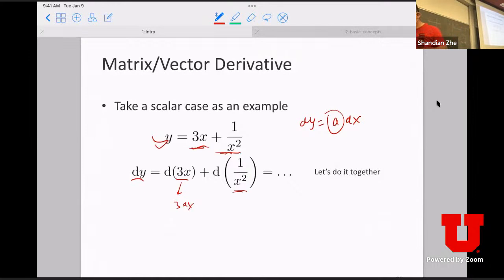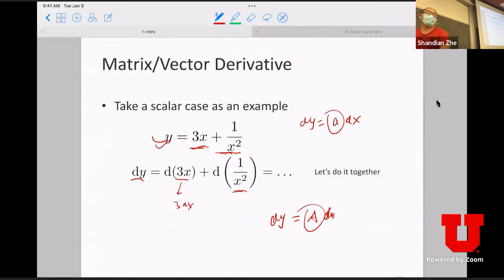Similarly, if you have vector functions, you take the derivative with respect to the input vector and follow the same procedure. You use a divide and conquer strategy to recursively apply the derivative over each component and then merge them together until you arrange some terms into something like dy equals a times dx. Then your A is your gradient, right?